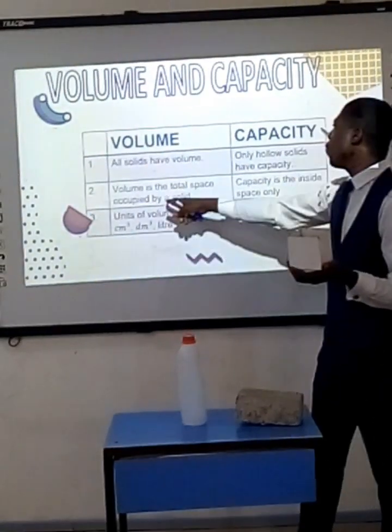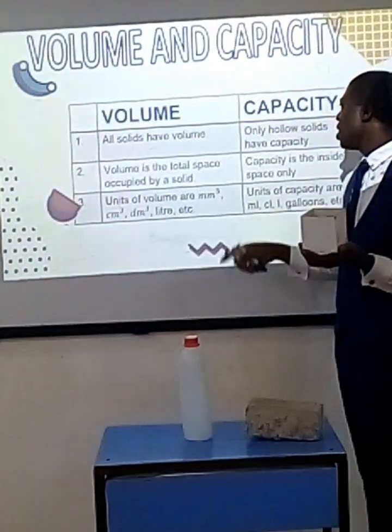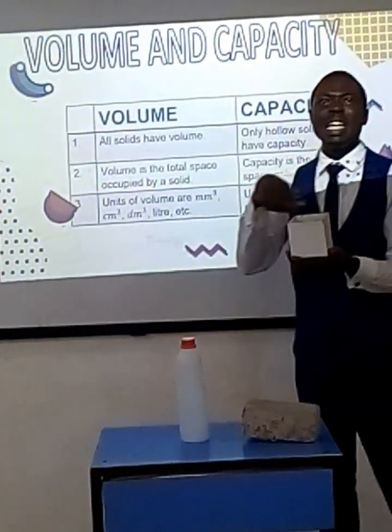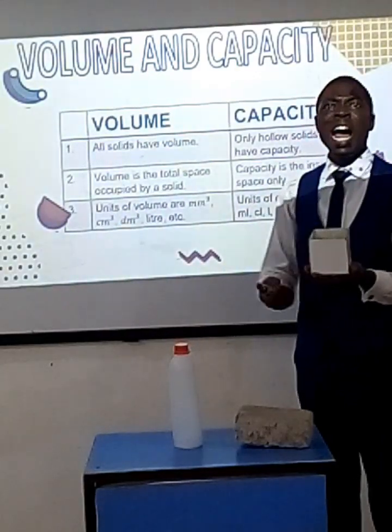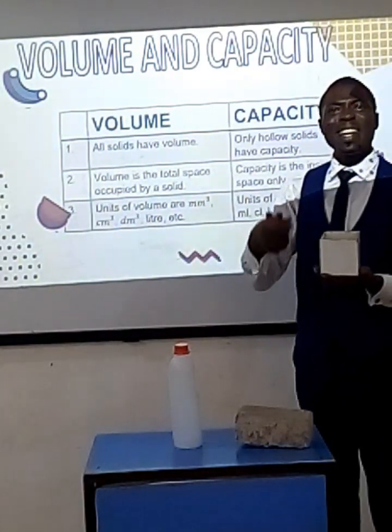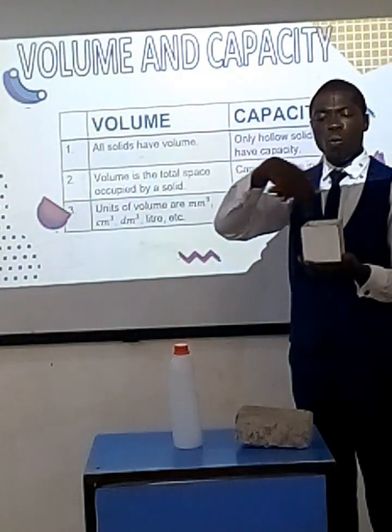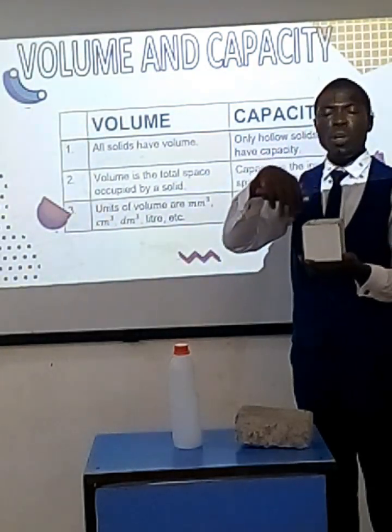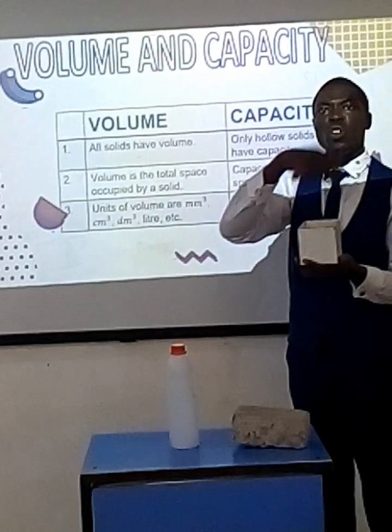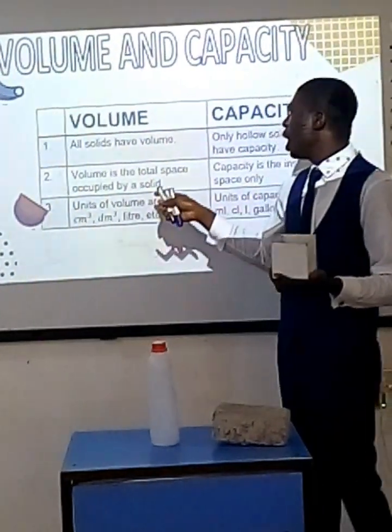So volume is the total space occupied by a solid, while capacity talks about only the inside space. If you have a teacup that is very thick, of course the space inside for you to put tea will be smaller than the entire space occupied by the teacup.